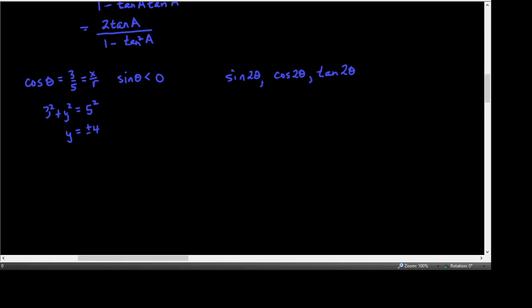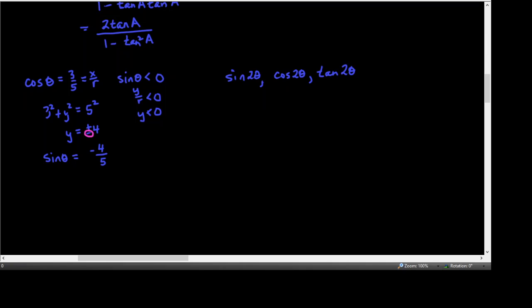And for sine of theta to be negative, for y over r to be negative, given that r is always positive, that implies that y must be negative. Consequently, we'll keep the negative 4 and conclude that the sine of theta is negative 4, which is y, over r, which is 5.